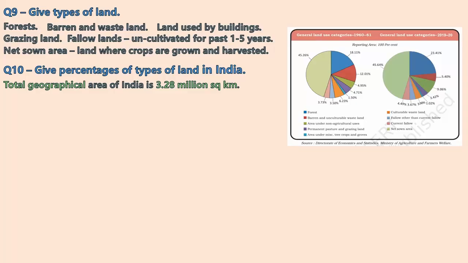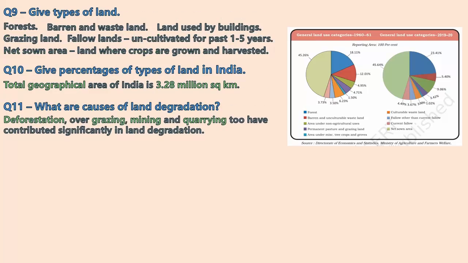The blue one, which is around 23%, is the forest area, and so on. So you can see the pie chart as to how the surface area of India is divided into cultivatable land, then forest land, then barren land, and so on.